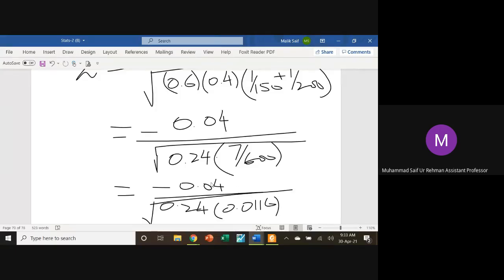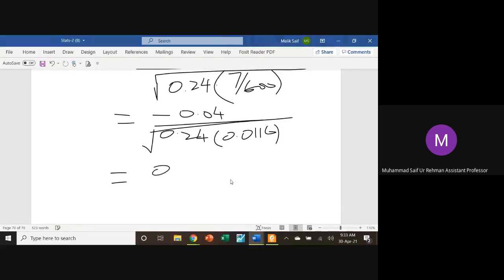So you will have 0.04 with negative sign divided by 0.0529.